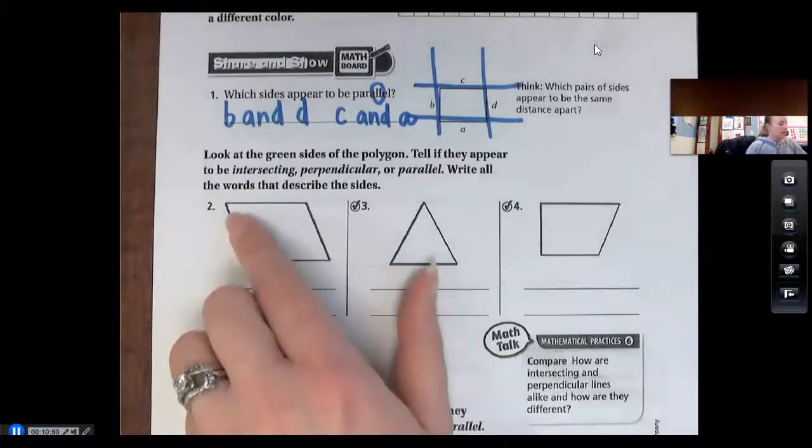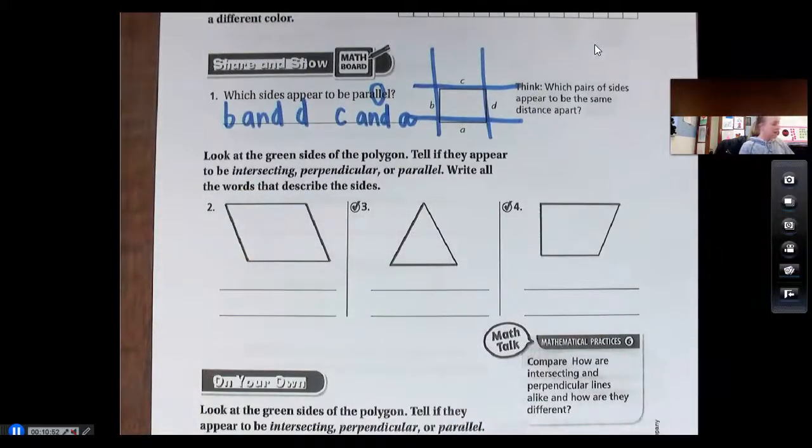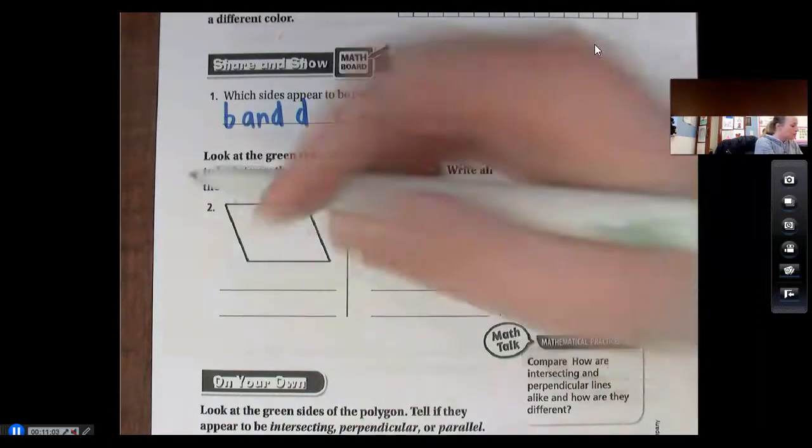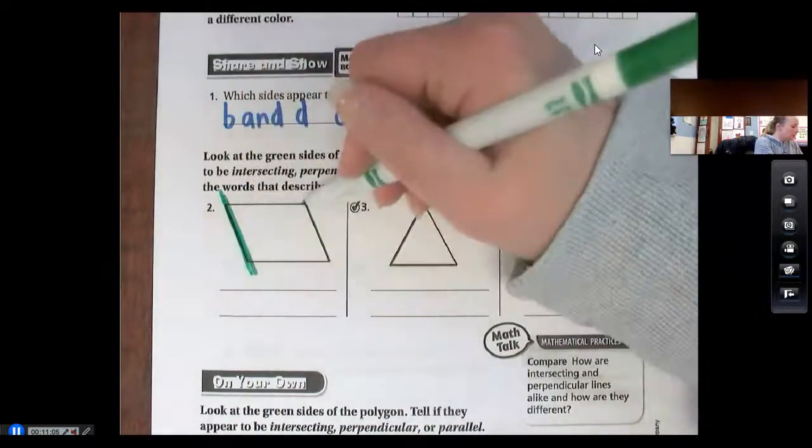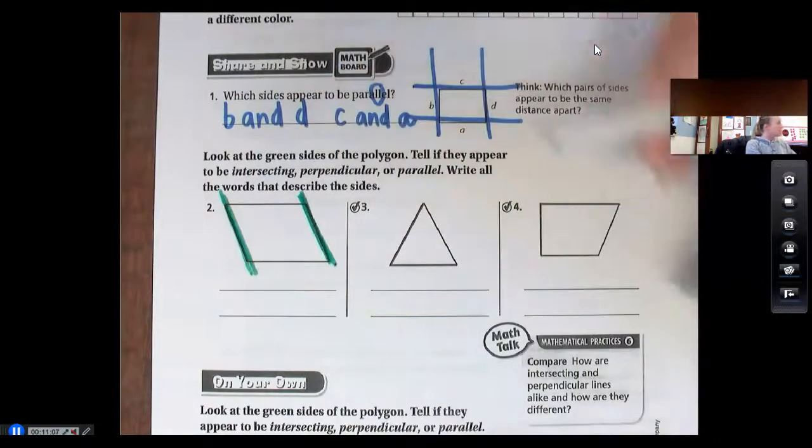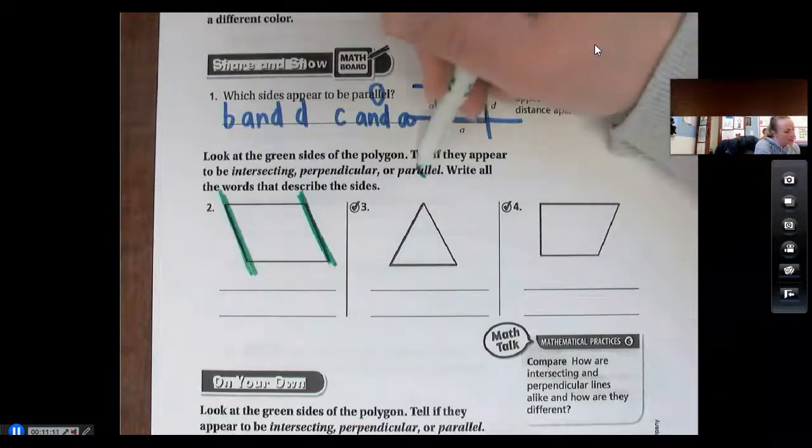All right, let's look at number 2. It says, look at the green sides of the polygon. Tell if they appear to be intersecting, perpendicular, or parallel. So these are the green lines on your workbook. Do those lines look like they are parallel? They will never ever touch?